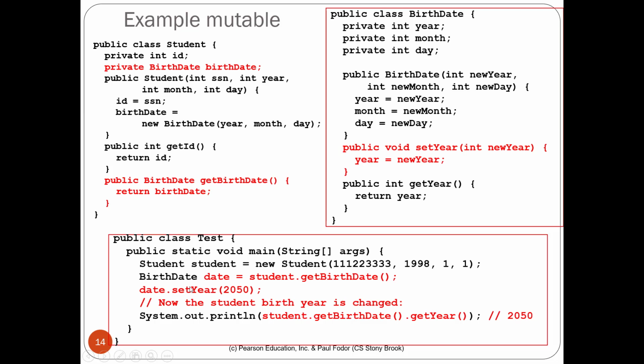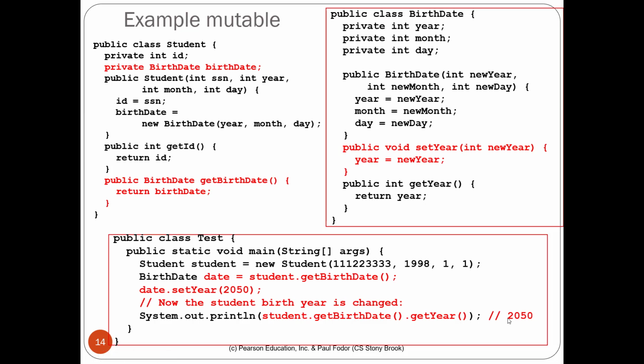Now we can invoke the setYear method on this. We don't have a setter for Student, but we do have a setter for the BirthDate object. So that's a loophole. Using that you can change the year of birth for the student. And if you try to print the information of the student now, the year would be printed as 2050. So that's the catch.